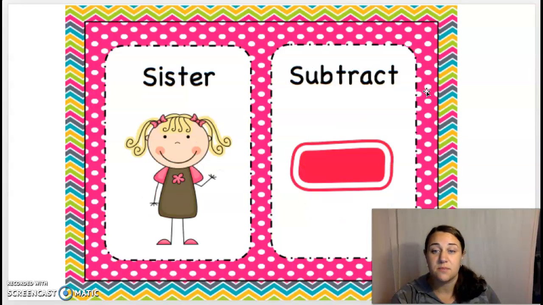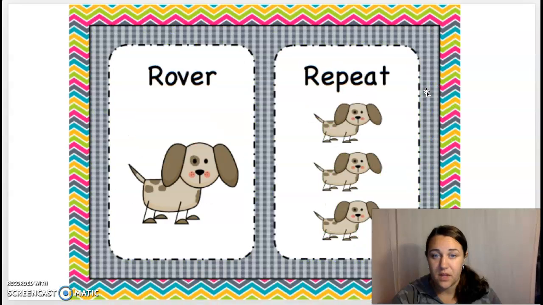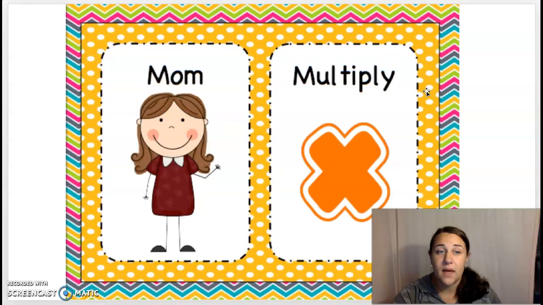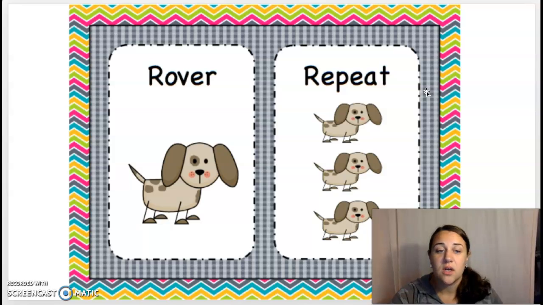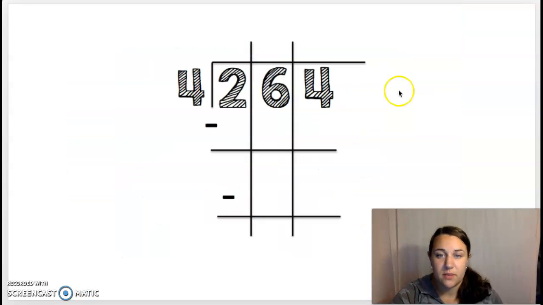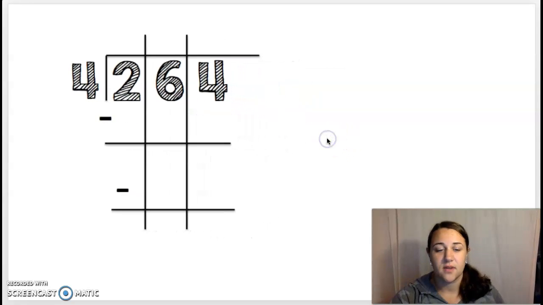Sister tells us to subtract. Brother tells us to bring down. And Rover tells us to repeat, and then we go all the way back up to Dad again. And we keep going until we have a 0. So let's get started and let's do a problem together because, as we've learned, they take some time.